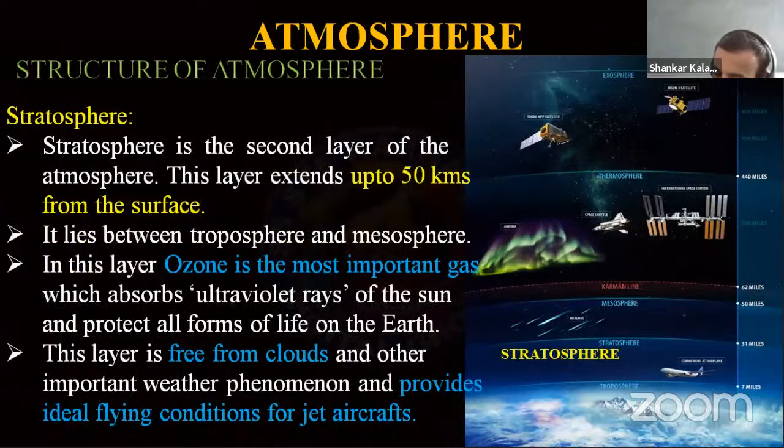The second important layer is the stratosphere. Stratosphere is the second layer of the atmosphere. This layer extends up to 50 kilometers from the Earth's surface.